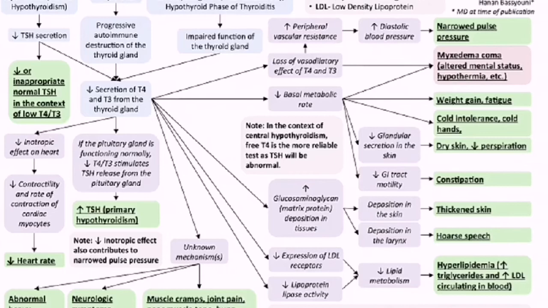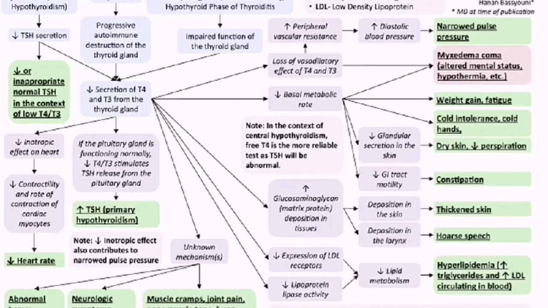You can see the pituitary gland at the right corner here. Pituitary gland dysfunction causes central hypothyroidism, in which TSH secretion is decreased, giving an inappropriately normal TSH in the context of low T4 and T3.